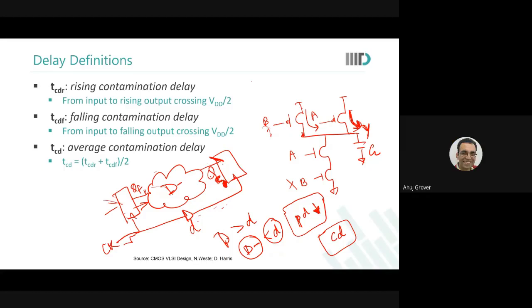Okay. So contamination delays are important when you have to consider hold times. We'll come to this towards a much later part of the course. But when you have to consider hold times, this is a hold failure. The QC0 could not be held until the clock came.